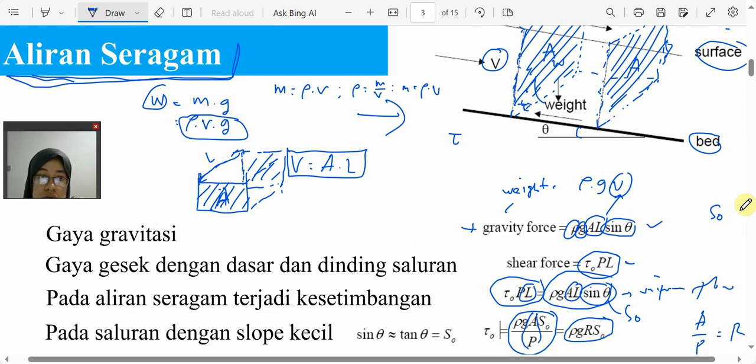This is the philosophy of the roughness or the frictions that we will discuss in another slide. The parameters that really impact the shear force because of the frictions or roughness are the hydraulic radius, the slope, the density, and also the gravity.